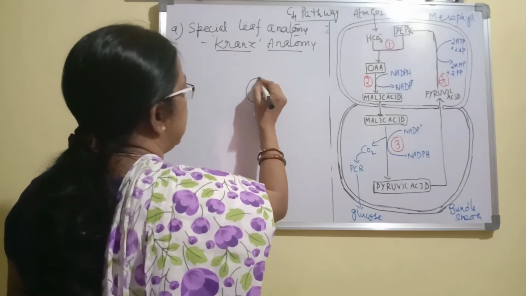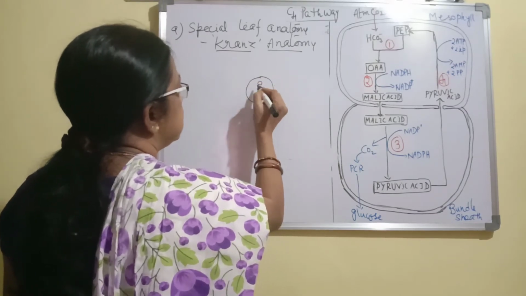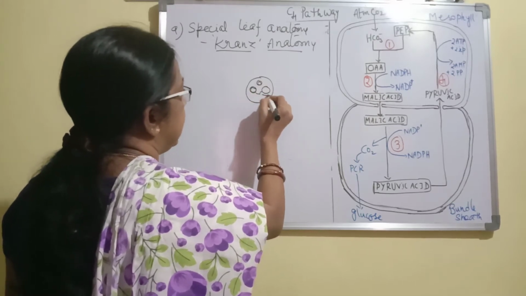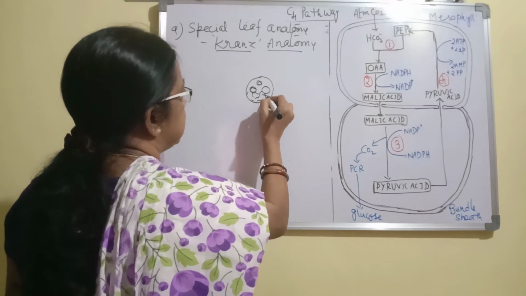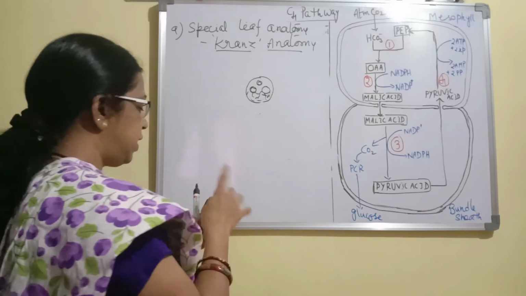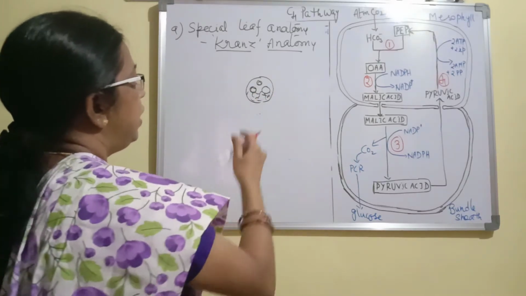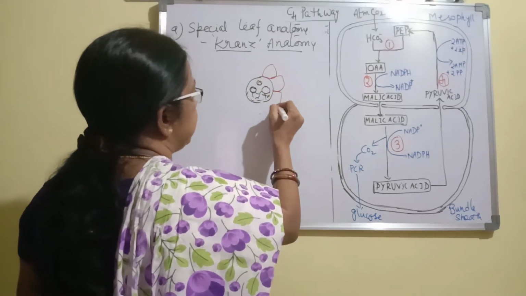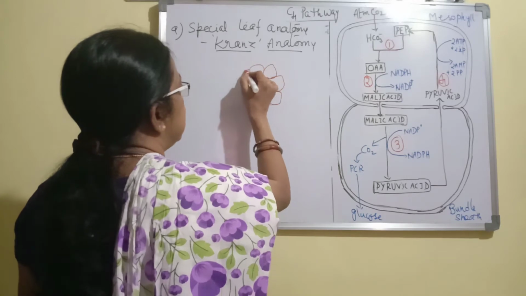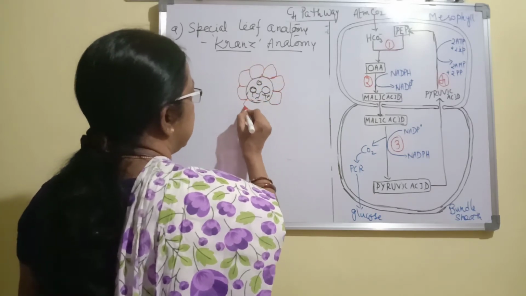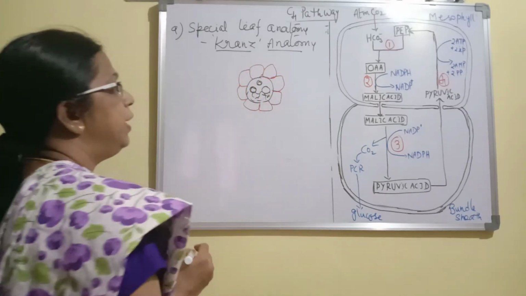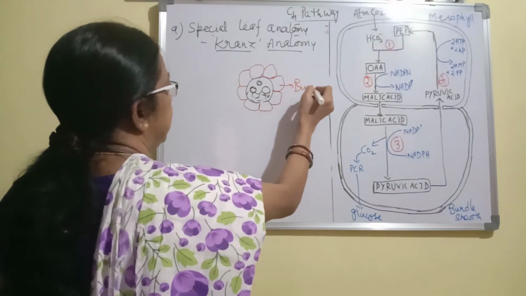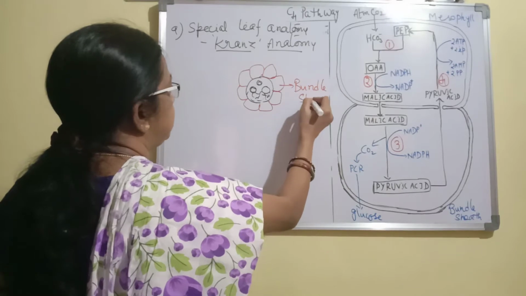Suppose this is the xylem and phloem. These xylem vessels and phloem are surrounded by cells arranged in a closed circular manner, called bundle sheath cells.